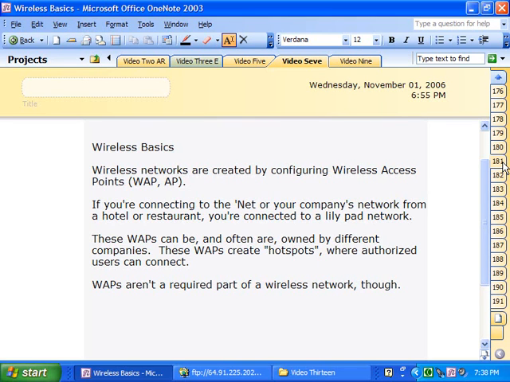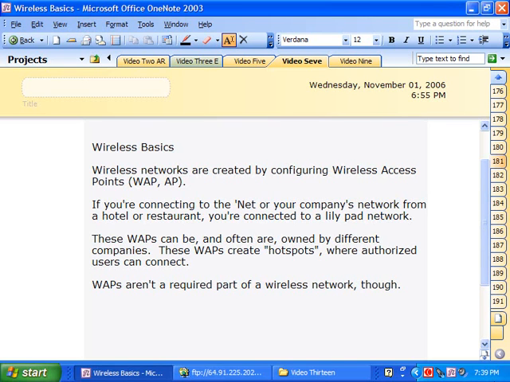And one term you hear occasionally that I do want to give to you, and again, I don't want it to throw you the first time you hear it, is lily pad network. Because what we've got really are a series of wireless access points that are connected, but not in any planned manner as far as geography goes.